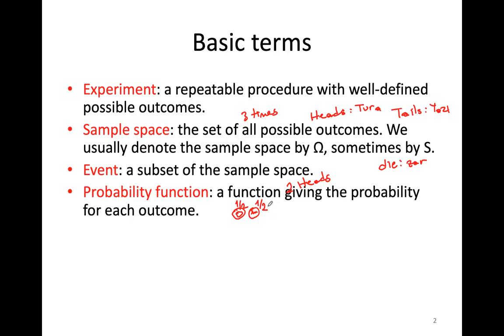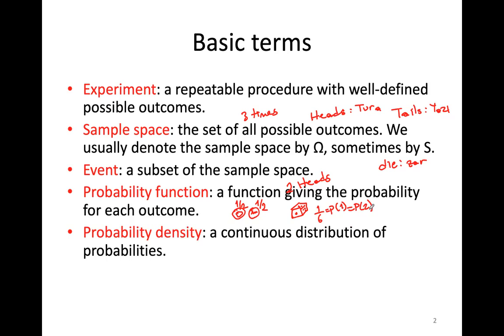If I have a die, it has 6 sides, and each outcome has a probability of 1 over 6. The probability of obtaining 1 is 1 over 6, the probability of obtaining 2 is 1 over 6. We will talk about these as the probability function.